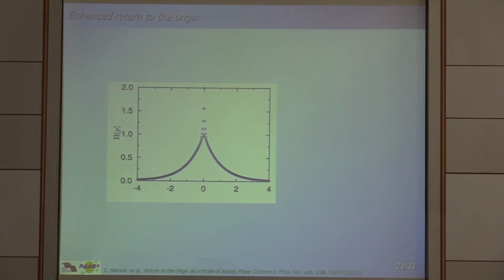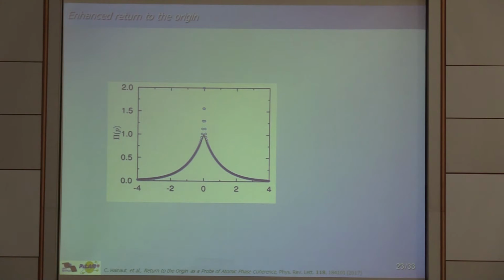So how to detect it experimentally? Here's one way to do so. I won't go into any details, but if the system is time reversal invariant, here is the momentum distribution, which is supposed to be a Gaussian, but this is a numerical simulation. Here at zero momentum, you have an enhancement by a factor of 2.